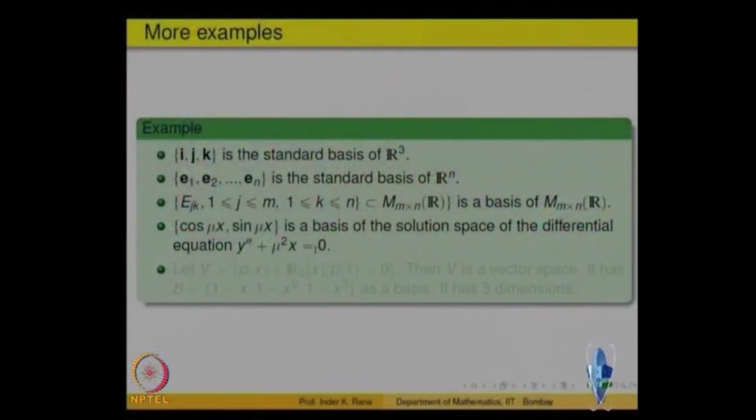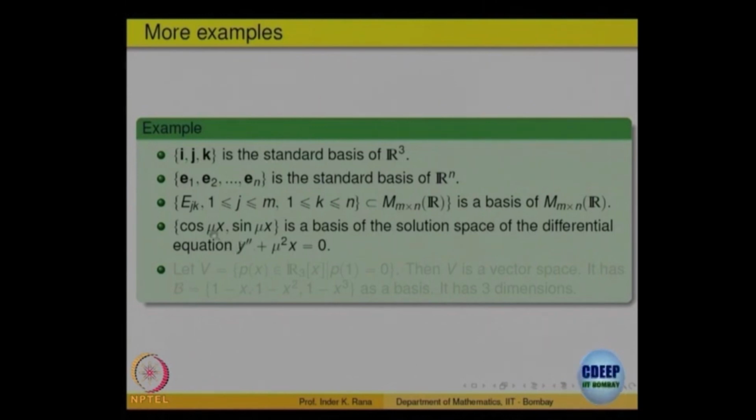Let us look at this thing, will come back to you in differential equations. If you look at this equation, y double dash plus mu square y is equal to 0, it is given that cos mu x and sin mu x form a basis of the solution space. So, what does solution mean?